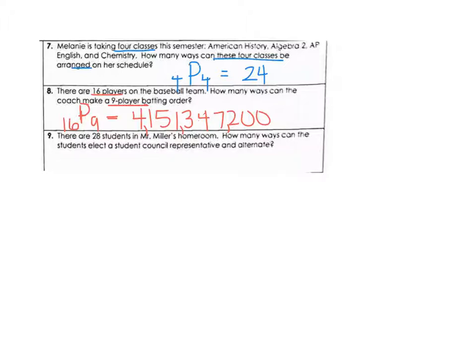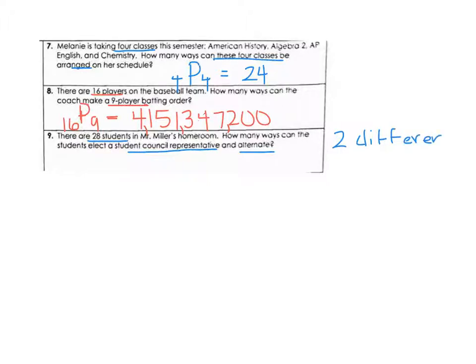Okay, and the last one. One like this is kind of tricky for people to see sometimes. There are 28 students in the homeroom. How many ways can the students elect a student council representative and alternate? That doesn't necessarily sound like you're putting things in order. It doesn't say first or second, but it's 2 different jobs. 2 different jobs always counts as an ordered situation, because it would matter if you were the representative or the alternate.